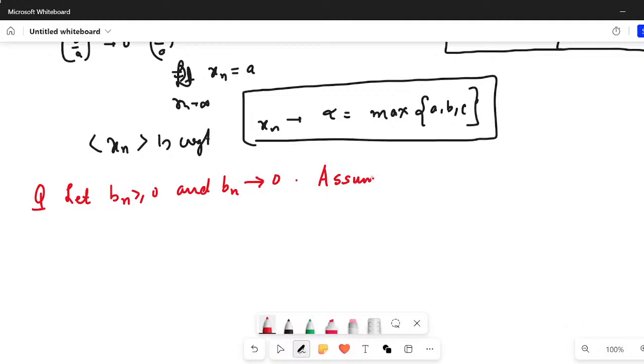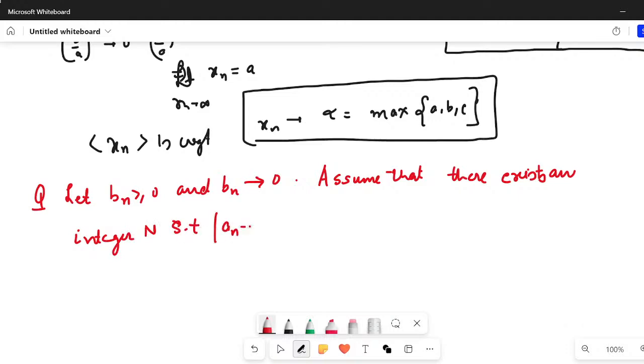Assume that there exists an integer capital N such that |an minus a| can be made less than or equal to bn for all n greater than or equal to capital N.